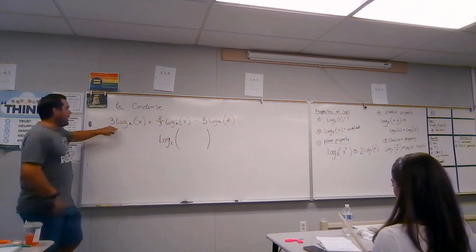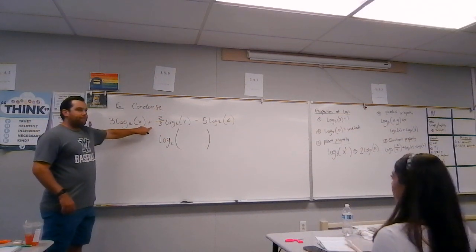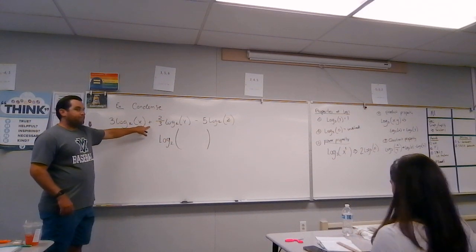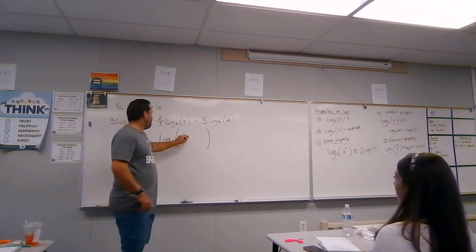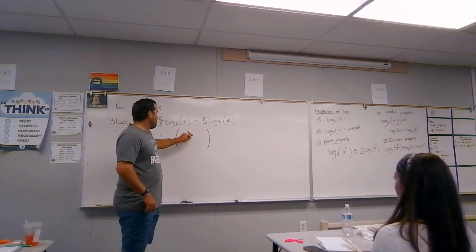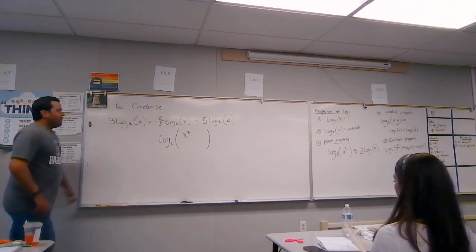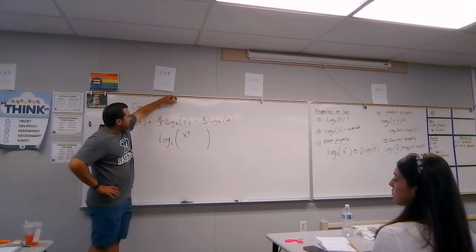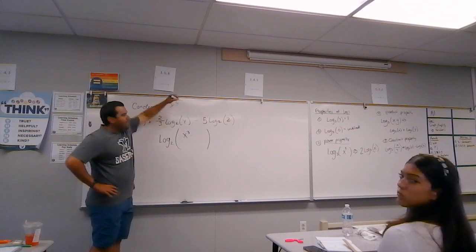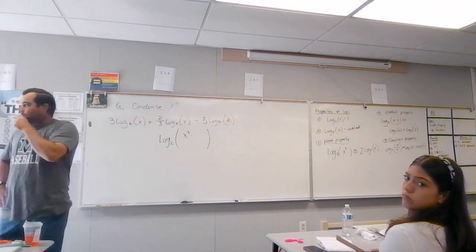All right, well, this plus sign is going to be multiplication. So take this, put it as the exponent. Now this, let's take a quick minute to think about y to the 2/3 power.